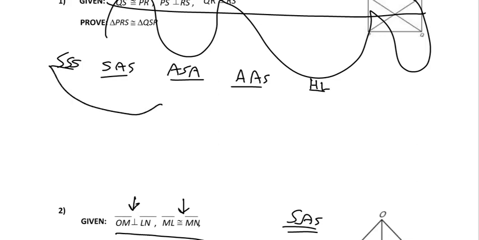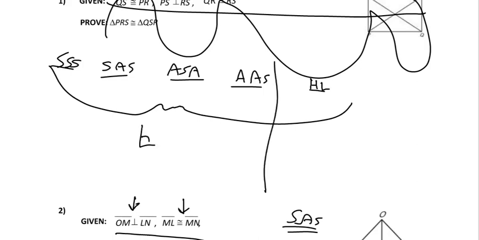These are going to be the 5 ways that you are going to prove triangles are congruent. With all of these ones, right angles are cool because we know that they're congruent, whereas with HL, right angles are cool because that makes us have triangles that are right. That's the different way that we use right triangles. I mean, right angles.